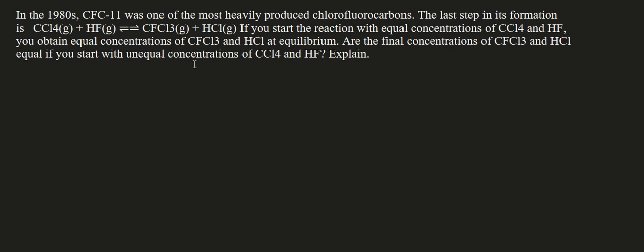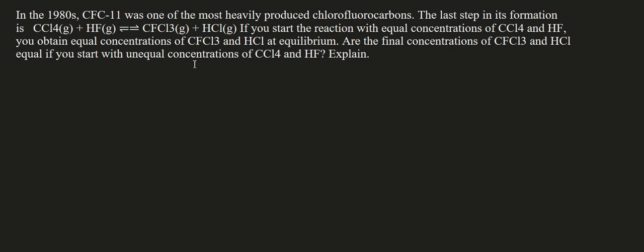So, reading the problem: in the 1980s, CFC-11 was one of the most heavily produced chlorofluorocarbons. The last step in its formation is CCl4 gas plus hydrochloric acid gives you CFCl3 gas plus hydrochloric acid.